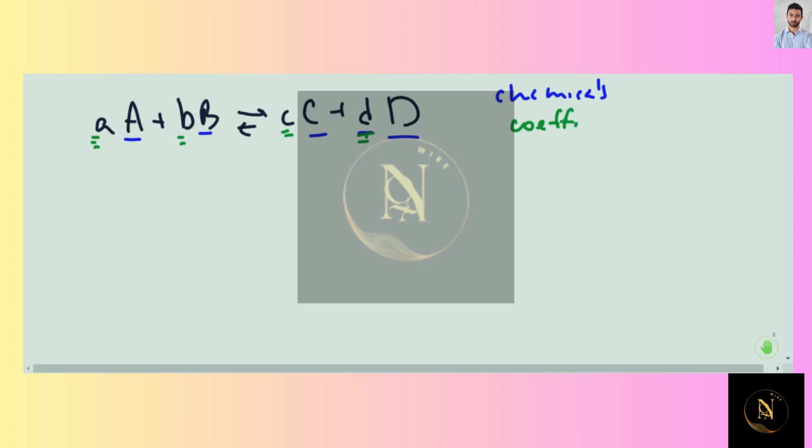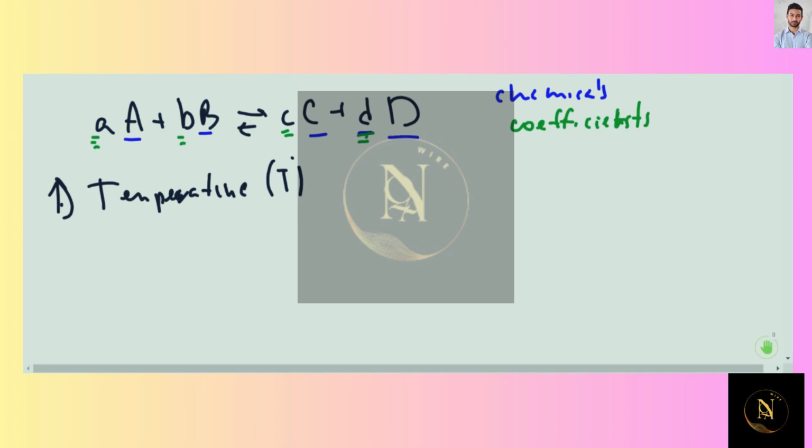We will consider several factors which shift the equilibrium to the reactants. So temperature, concentration, and pressure. First, let's start with the temperature. Here we have to determine whether the forward reaction is exothermic or endothermic.